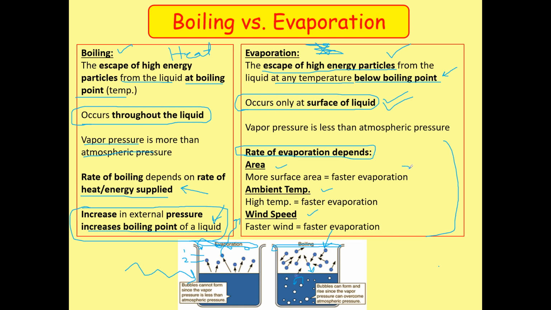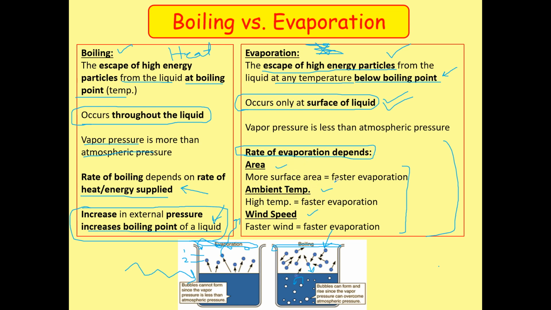So the molecular mass definitely affects the rate at which a liquid is going to evaporate. But again, that is more a constraint in chemistry than in physics. So in physics we're just going to restrict ourselves to the area, the ambient temperature, and the wind speed.